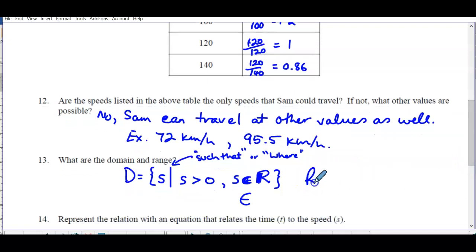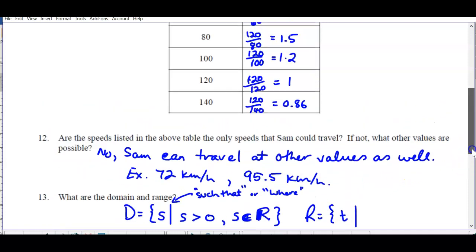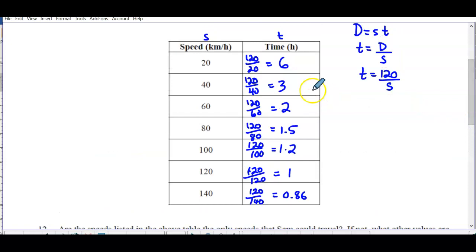Okay, your range in this case is T, so all values of T where, and in this case, what's happening here? Well, these are decreasing, right? So again, you can't go negative, can't have a negative time, that doesn't make sense. And so we have to think about time will never be negative, so it'll be greater than 0. And is there an upper limit?